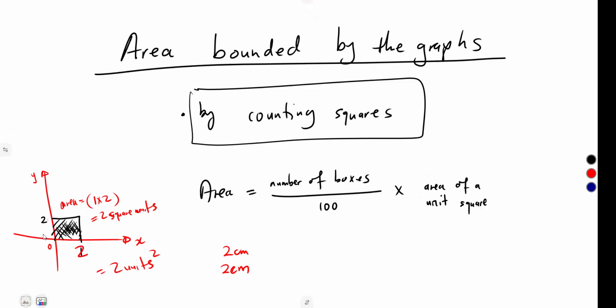So if it was a 2 by 2, you multiply 2 times 2. If 2 centimeters represent 1 unit and 2 centimeters represent 5 units, you multiply 5 times 1. What you are given on the scale is what you multiply: 2 centimeters represents how many units on the x-axis, 2 centimeters how many units on the y-axis.